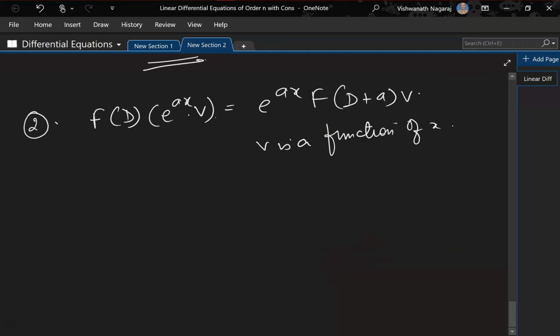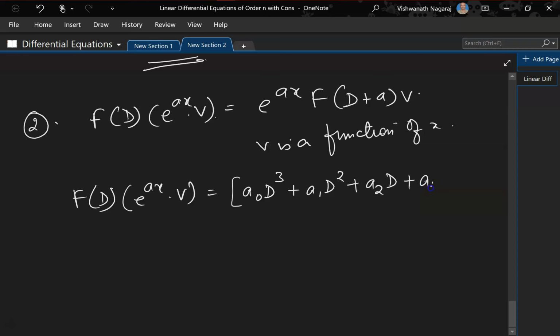Now let's see how it can be proved. f of D e^(ax) V is equal to a0 D cubed plus a1 D squared plus a2 D plus a3, again going up to the third successive differentiation, acting on e^(ax) V.